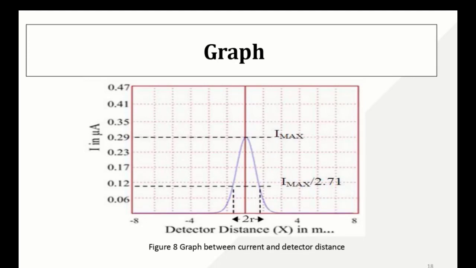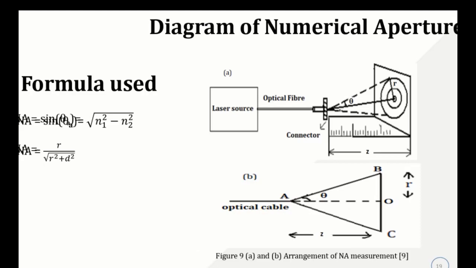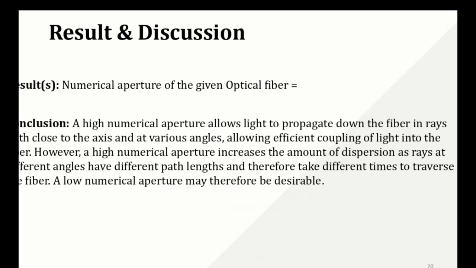So you will have two values of x for this I by e. When you take the difference of these two values, you will get the 2r. The 2r is the diameter of this circle where you are getting the maximum intensity. So you can find out this 2r from that.